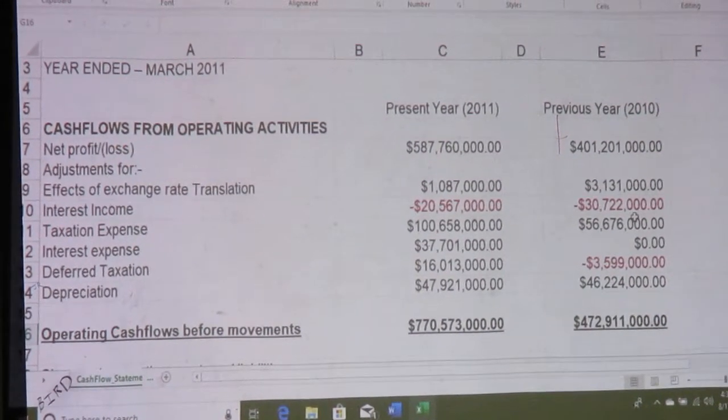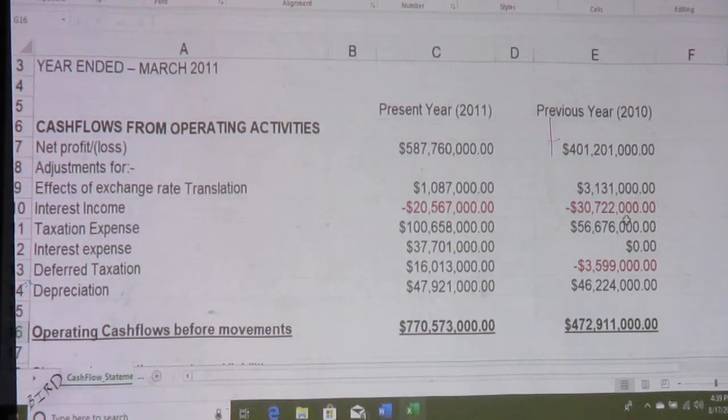Okay. So in this case, this is Lasco Manufacturing, and Lasco Manufacturing's year end is in line with tax season. It ends in March. Alright? So what we're looking at here is a statement of cash flows. It's fairly straightforward actually.